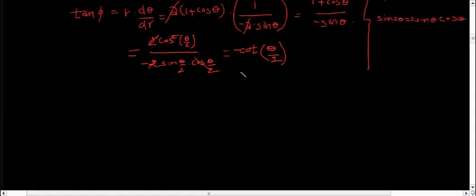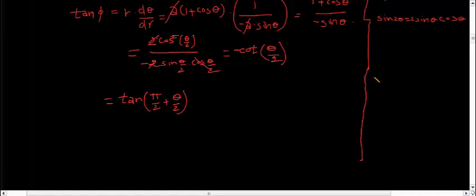If you just convert this cot into tan, tan phi is equal to tan of pi by 2 plus theta by 2. Tan pi by 2 plus theta by 2 is equal to minus cot theta by 2. We need not memorize these things. Let me just write it here.